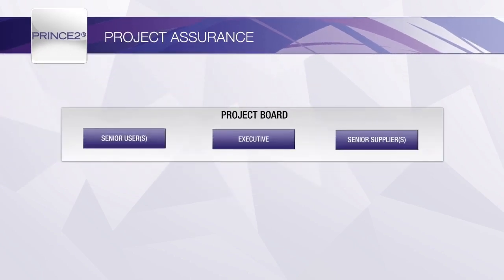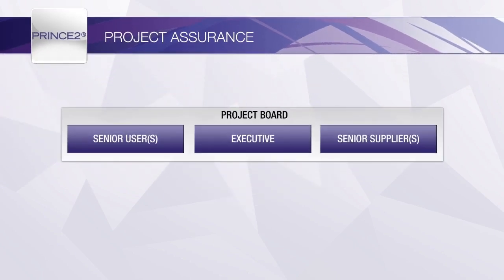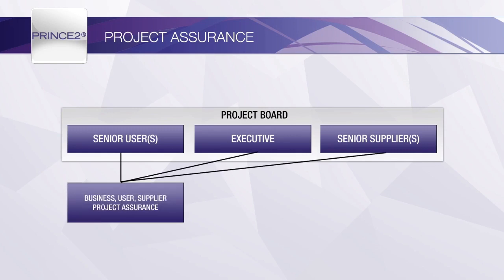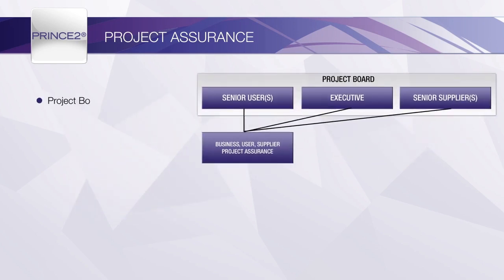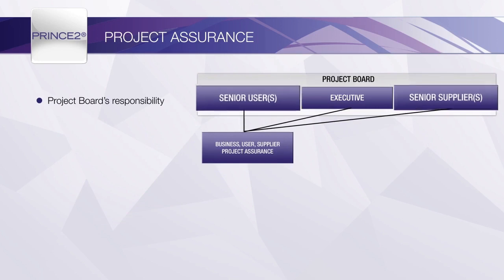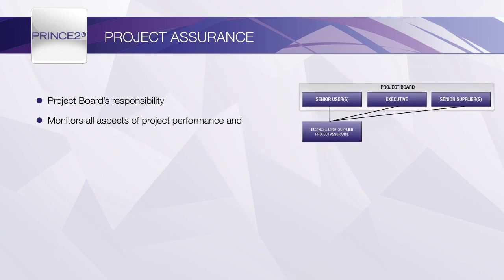Each project board member has project assurance responsibility. Project assurance must cover all three primary stakeholder interests: business, user and supplier. The executive is responsible for business assurance, while the senior user and senior supplier are responsible for user and supplier interests respectively.